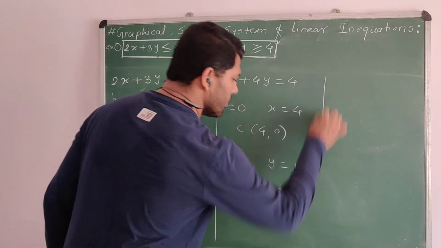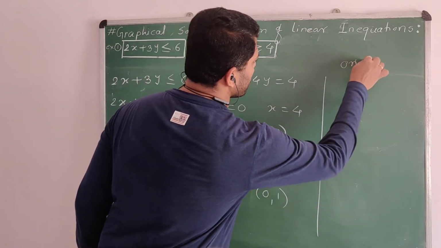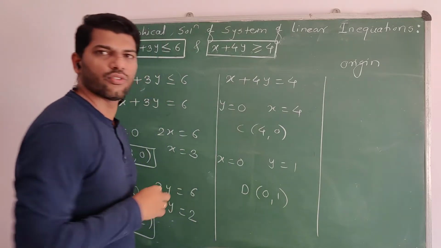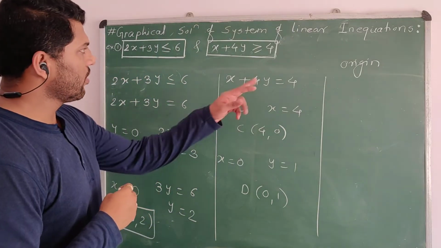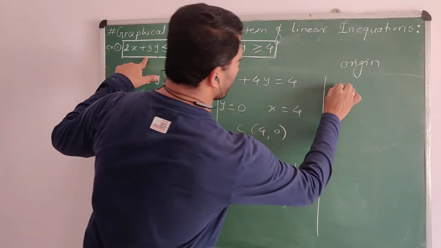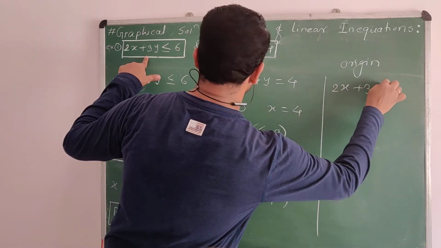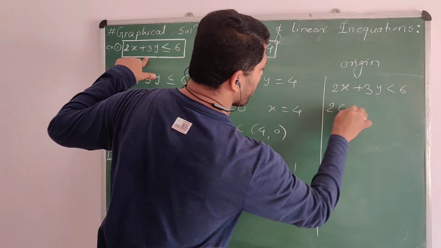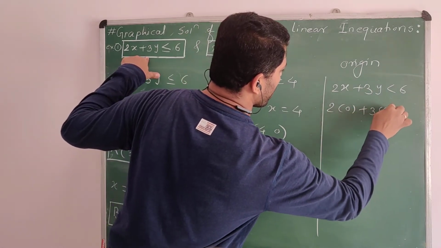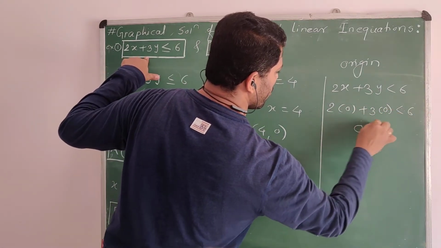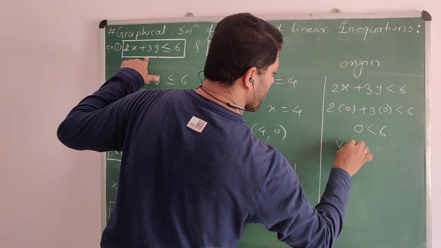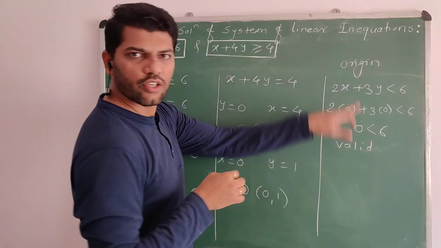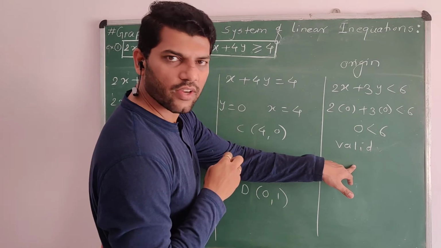Now the next point is, what about the solution set? Who decides the solution set? The origin. Now I am considering the first inequality, 2x plus 3y less than 6. Substitute the origin in it. If you cross check, 0 less than 6 is valid, means the origin is a part of the solution set for this inequality.